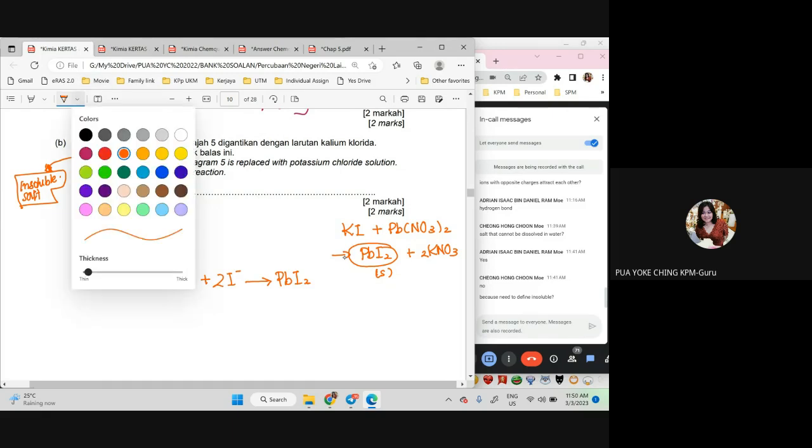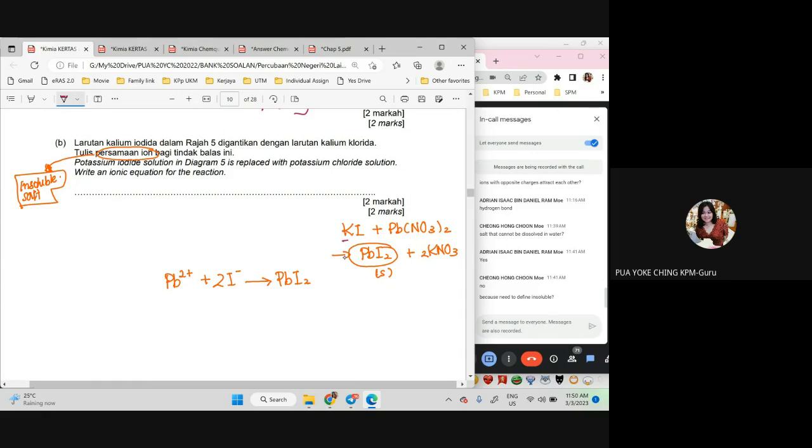So, sekarang dia kata dia tak nak pakai KI, dia pakai KCl. Tambah lead(II) nitrate juga. So, you will get PbCl2 tambah 2KNO3, balance equation 2. Okay, so yang insoluble is still your solid PbCl2. So, your ionic equation adalah bagaimana dapat PbCl2?